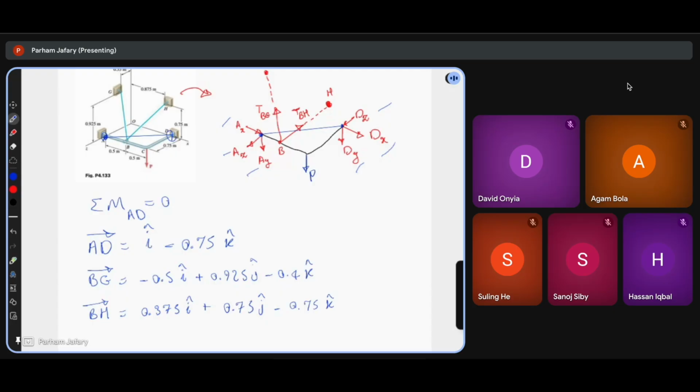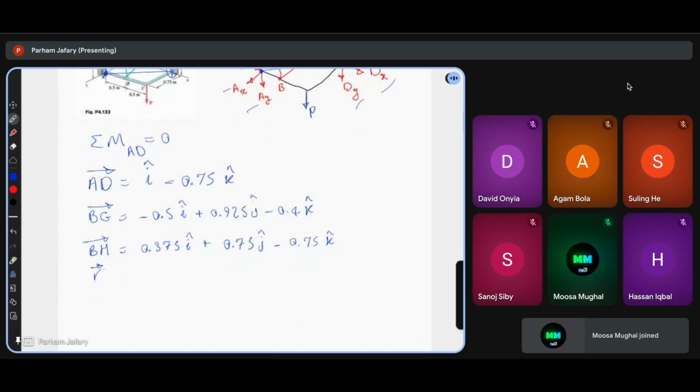I need the relative vector from point B to point A. So I'm gonna have to write down the relative vector from B to A, which is 0.5 in the I direction, and the relative vector from C to A, which is the unit vector I. Okay?